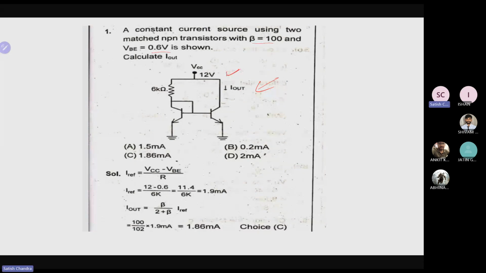If we are able to find the current through this region, we are able to find Iout.